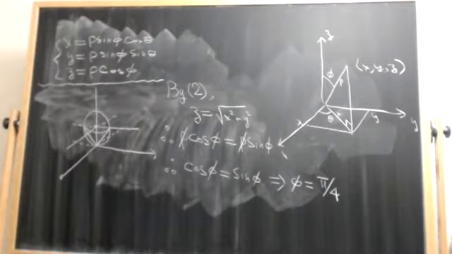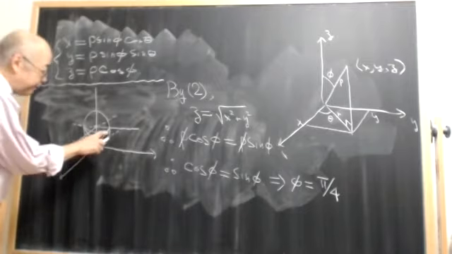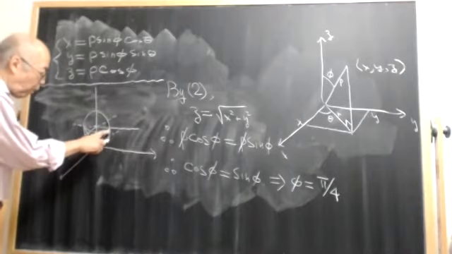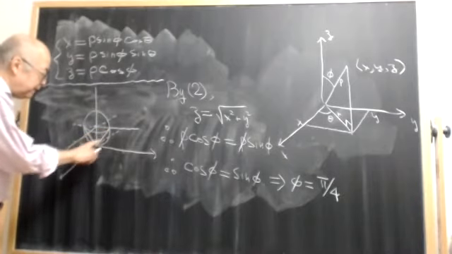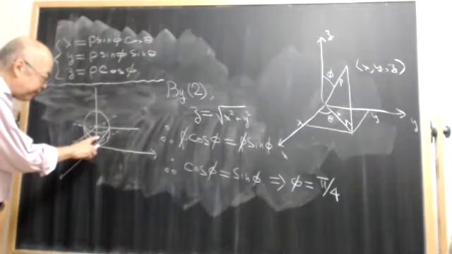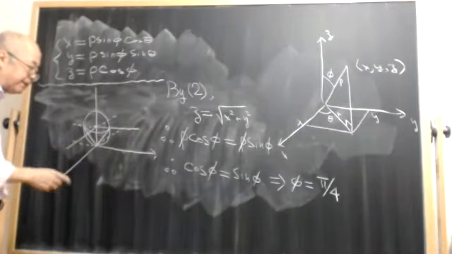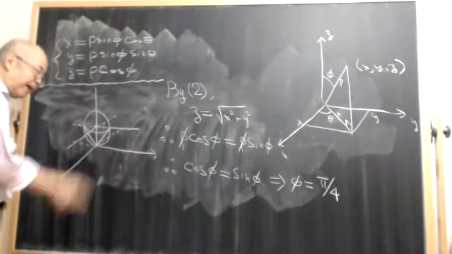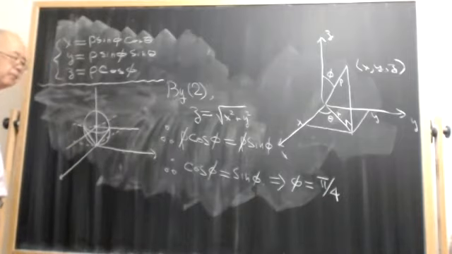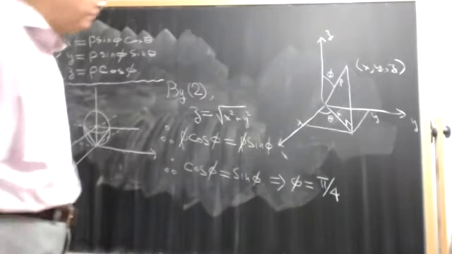And in fact, if you look at this ray here, this ray is making 45 degrees as an azimuthal angle, or azimuth angle, if you want an easier pronunciation.